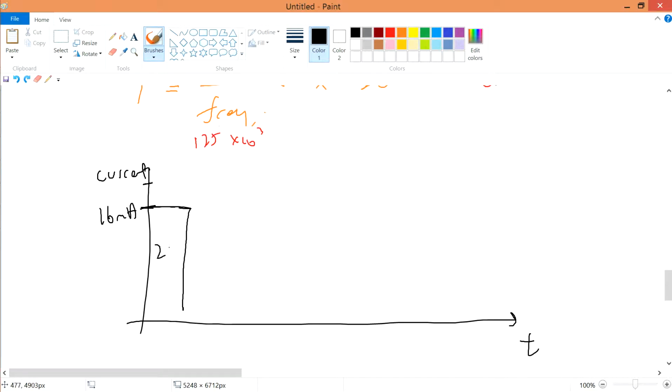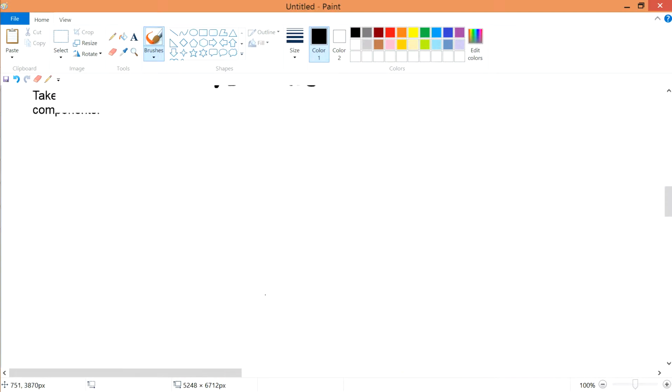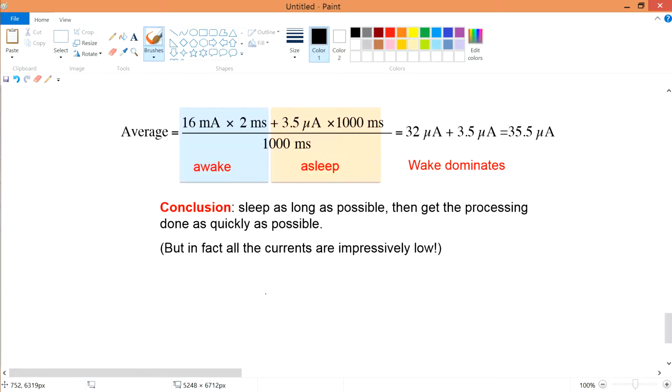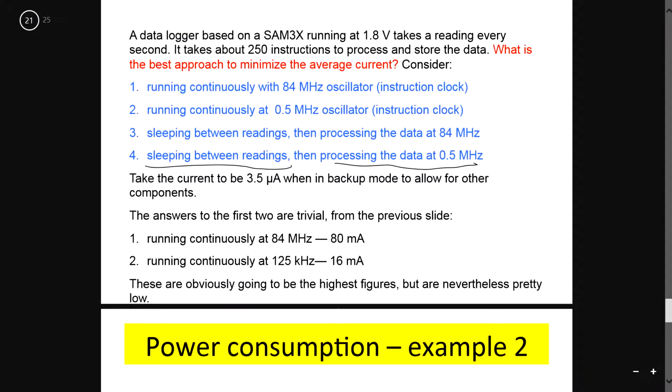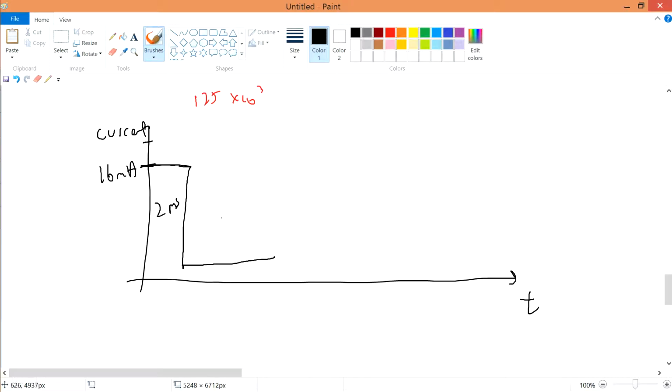And then over here, where do we operate? We actually operate in 3.5 microampere when in backup mode. So when we sleep, we have 3.5 microampere.